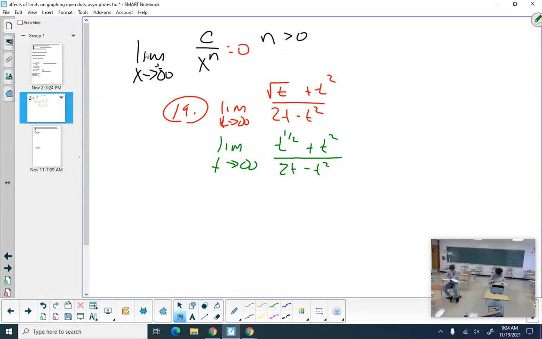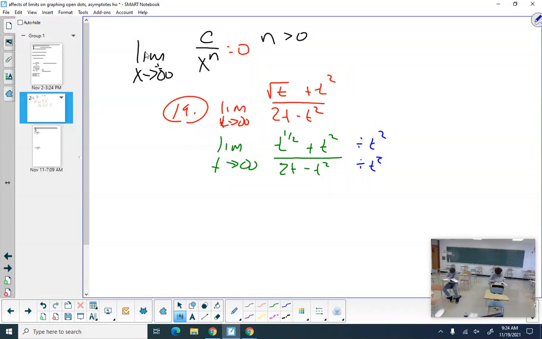What's our largest degreed variable? T to the what power? Squared. So we're going to divide through the numerator and denominator by this t squared.